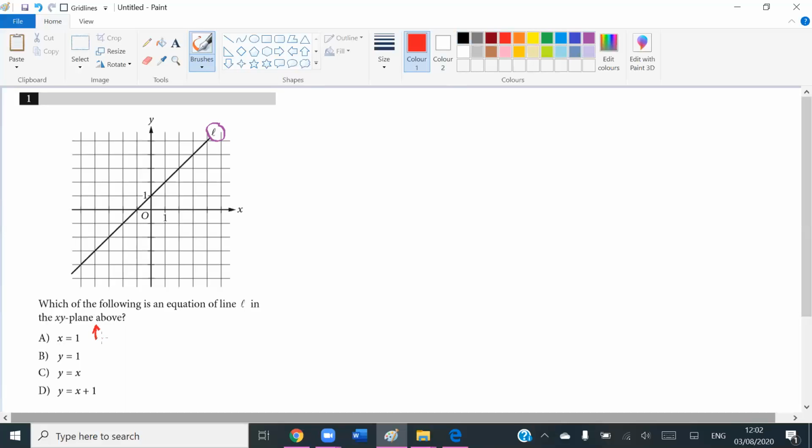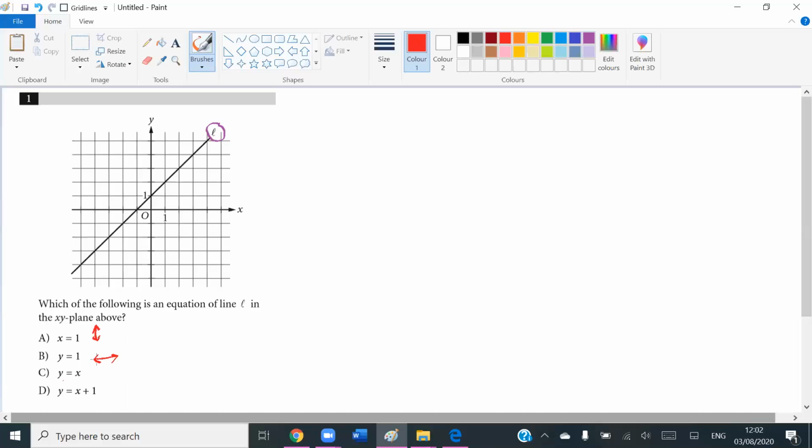Our line is inclined, as you can see. And y equals 1 is also wrong, because in this case, the line will be a horizontal line.